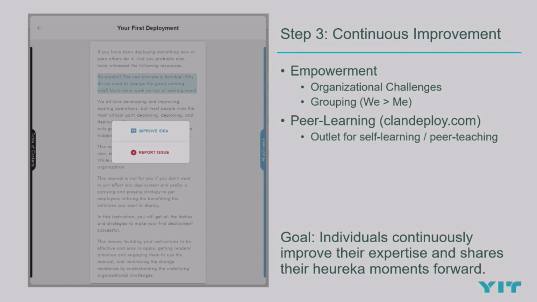So we are not so individualistic, but we are more part of the whole concept, whole organization. And to get that we are supporting and learning from each other and giving support to each other is really crucial, where we then need that outlet for self-learning and sharing to the peers.